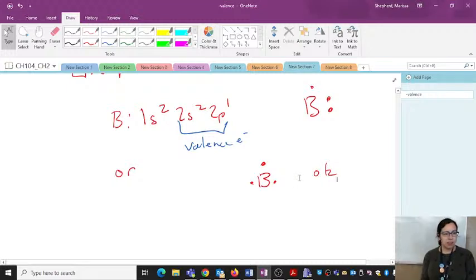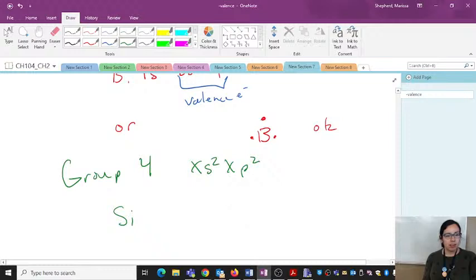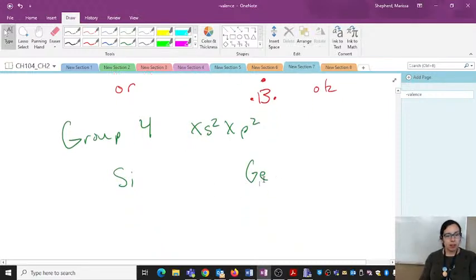And then looking at other exceptions, so now group 4. We have some general structure, XS2, XP2. And for most of these, like silicon and germanium, I would draw its Lewis dot structure to reflect that. What you would write is 2 electrons in the S, and then what's funny about the P, let's actually draw it another way for a second.